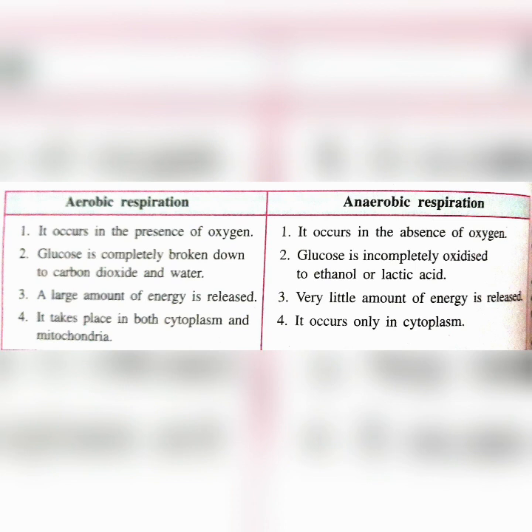Very little energy is released in anaerobic respiration, whereas a large amount of energy is released in aerobic respiration. And anaerobic respiration occurs only in cytoplasm, but aerobic respiration takes place both in cytoplasm as well as mitochondria.